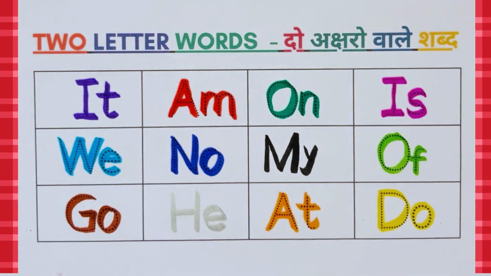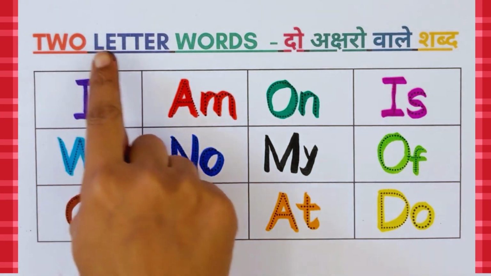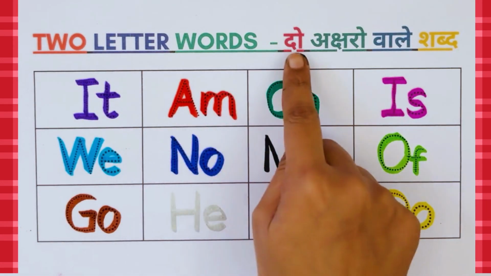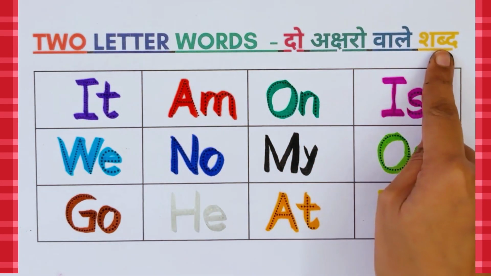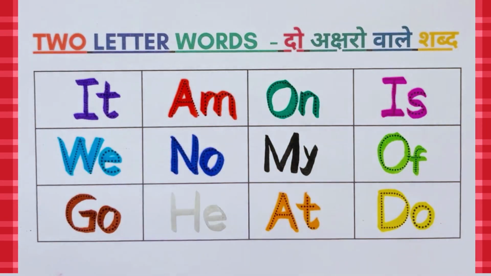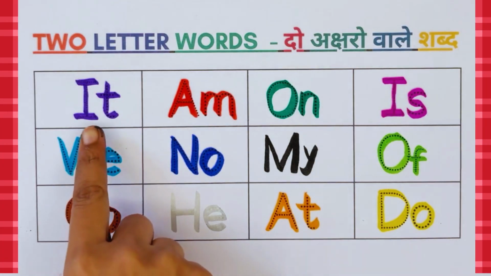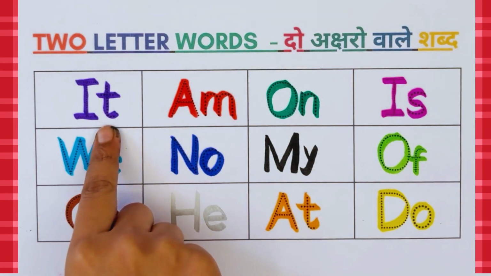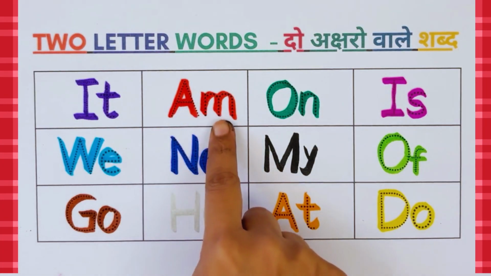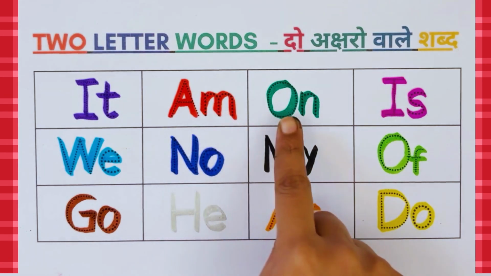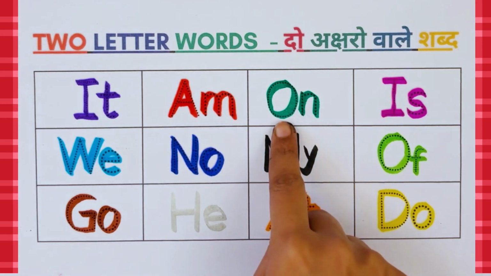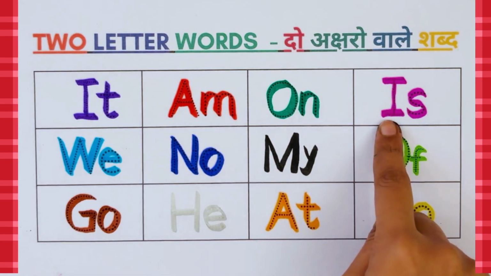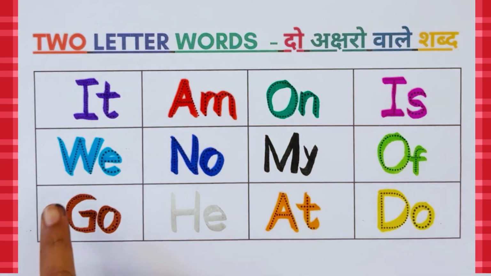So what we just did, we did the two-letter words, यानी कि दो अक्षरों वाले शब्द. When we mix two letters, three letters or four letters, it becomes a word. So let's revise it. I-T, it. A-M, am. O-N, on. I-S, is.